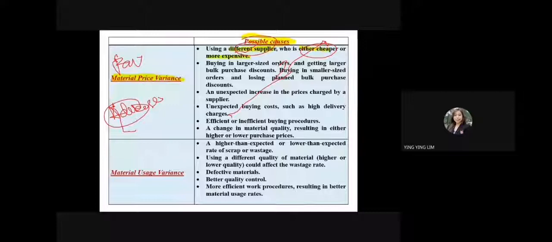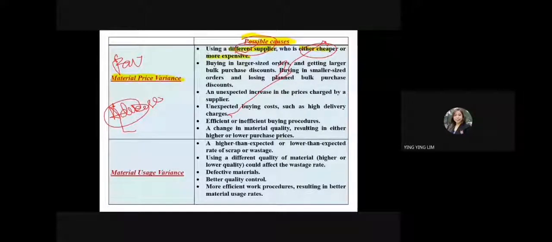For example, the company faces high competition in the industry, so in order to compete with the competitor, the company buys more expensive materials of higher quality in order to maintain the quality of the product. So that could be the possible cause.